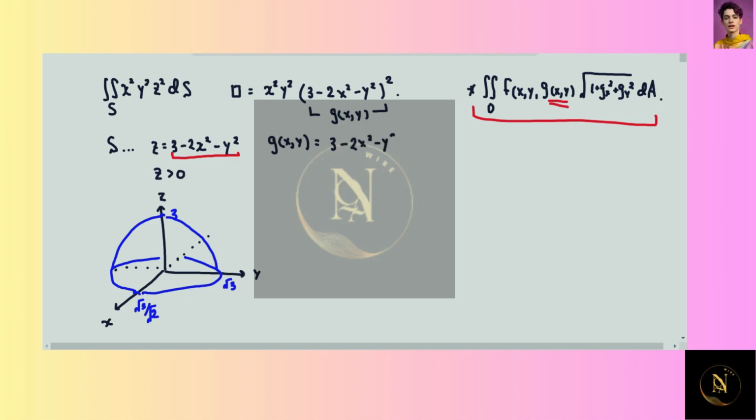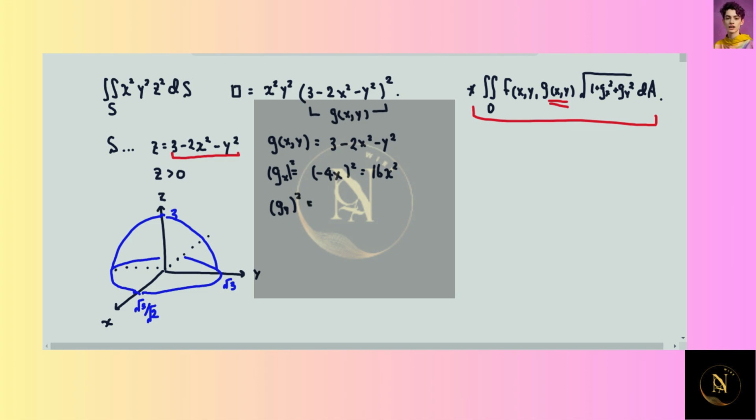When we find g sub x, we just need to take the partial derivative with respect to x, so it's quite simple. Negative 4x, but we're going to square it, so you will have 16x squared. Through a similar process, we can figure out the partial derivative with respect to y.